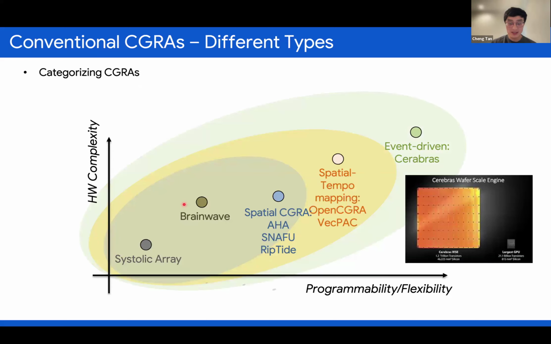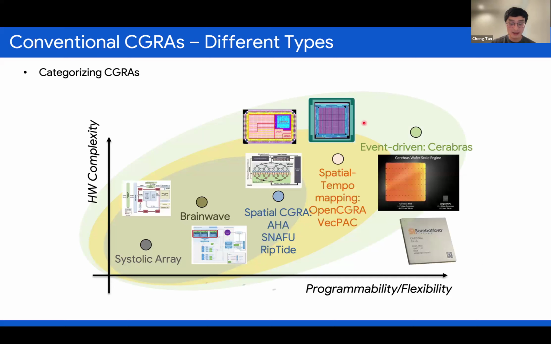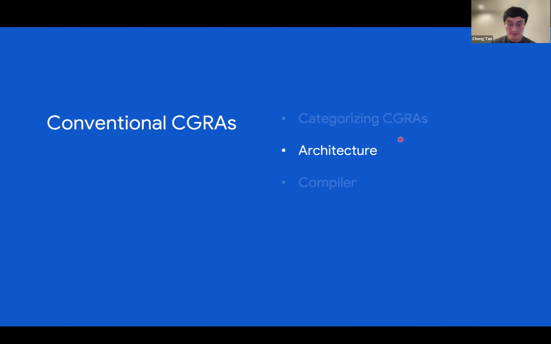Right, so these are the different categories of the CGRA, and it's kind of like one includes another, and event-driven, I think, is the most powerful but most expensive.